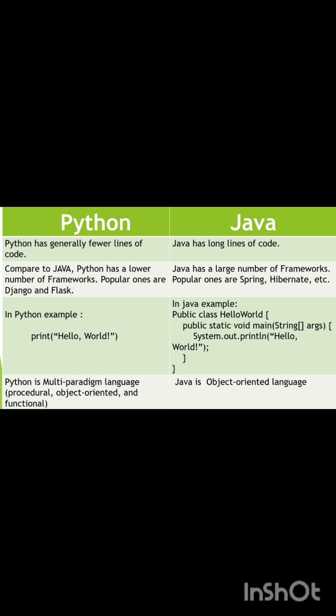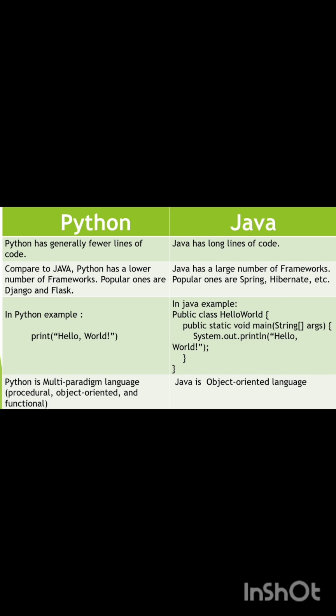The main method is the entry point of this program, and the System.out.println statement prints the string hello world to the console, followed by a new line character.